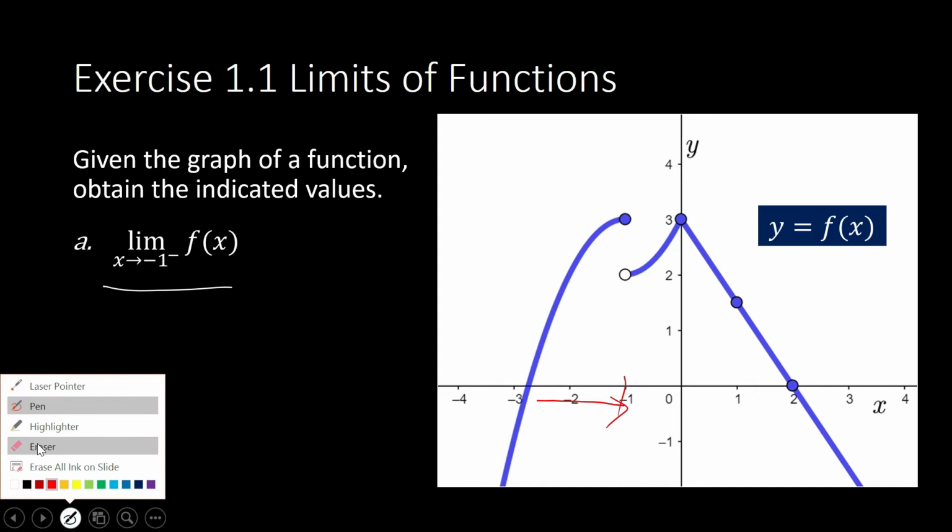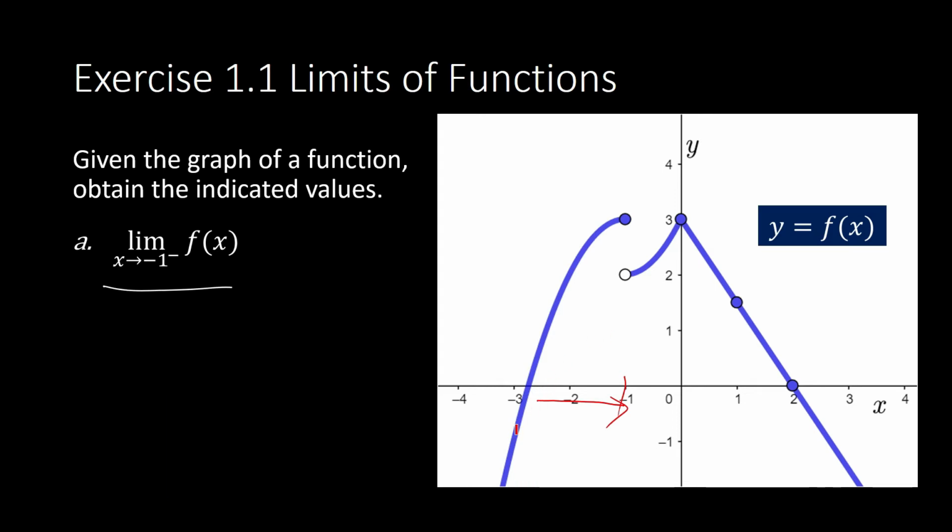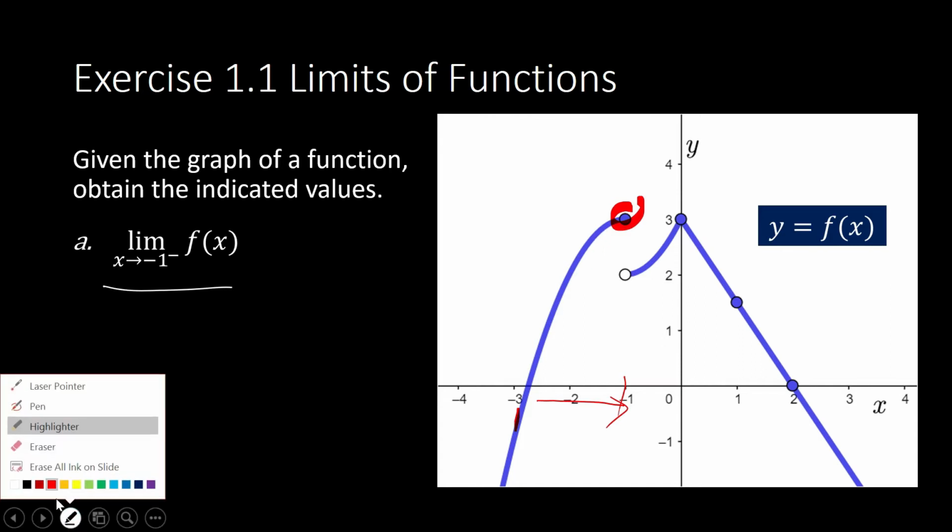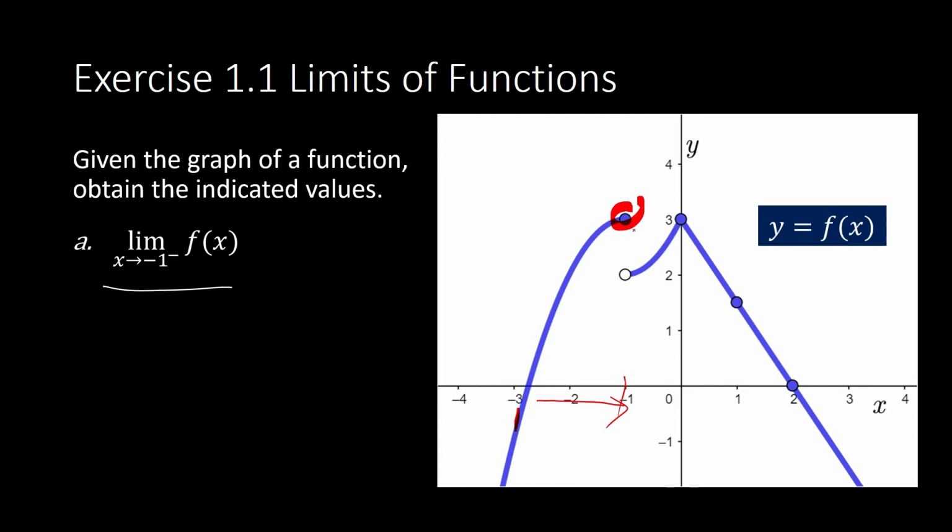So we must pay attention to the part of the graph of your function that is to the left of -1. And it approaches that point. The value of your function as x approaches -1 from the left is the y-coordinate of that point. And what is the y-coordinate of that point? That is equal to 3.